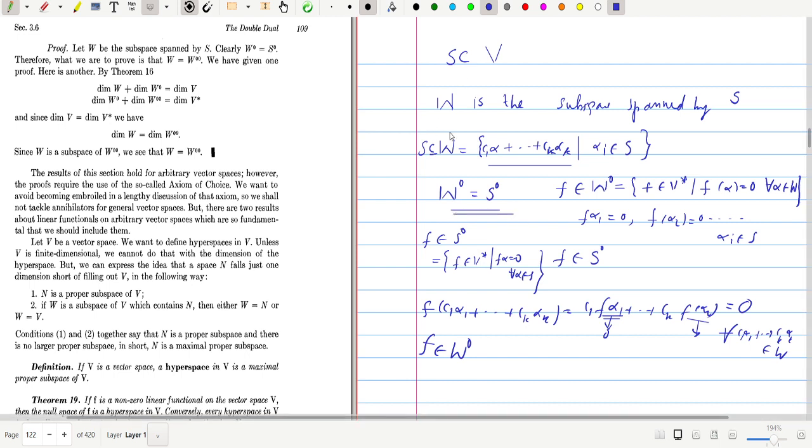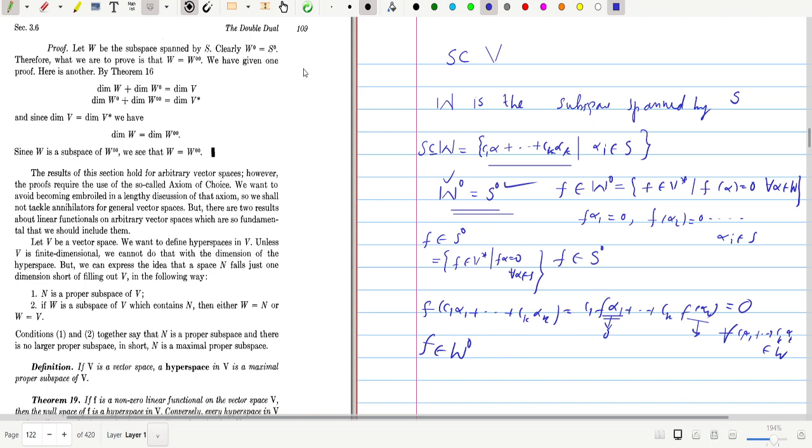So whenever we consider the subspace spanned by S, the annihilator of S and the annihilator of the subspace spanned by S will both be the same. Once you identify this, you can easily prove the theorem.